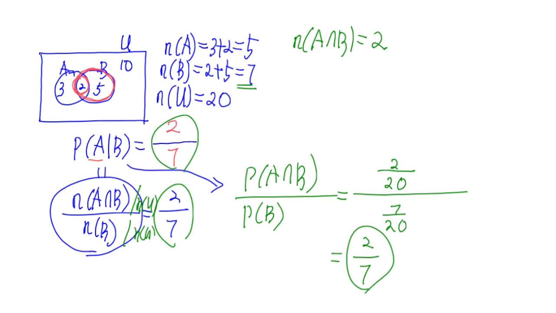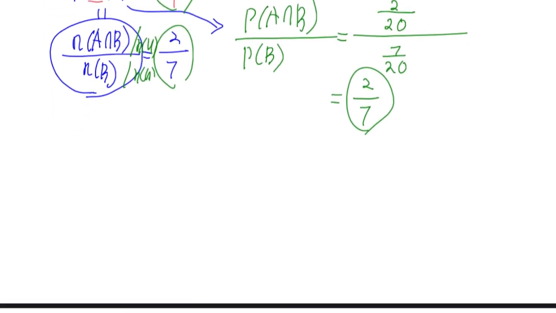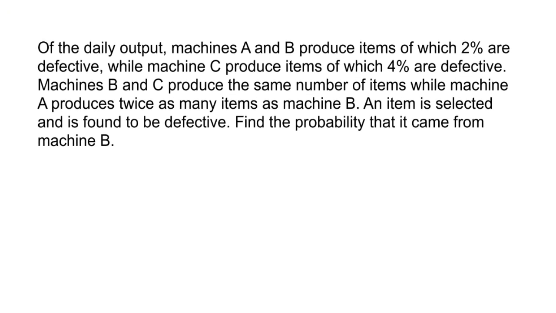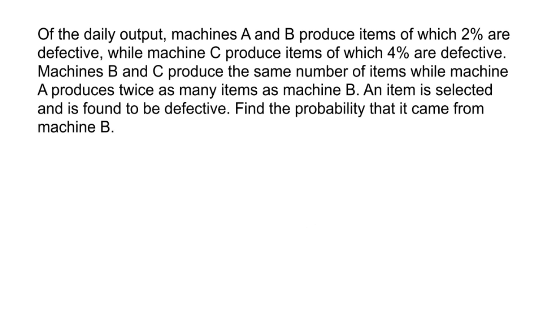Okay, we will start to solve a real world problem. Of the daily output, machines A and B produce items of which 2% are defective.